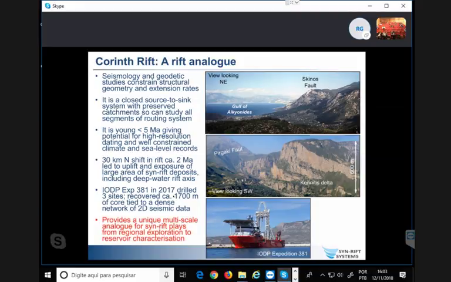So, as I mentioned, this provides quite a unique data set for looking at rift basins, both from a fundamental science point of view, looking at early rift evolution and the controls on basin fill, but also then using that data set to apply to exploration and reservoir characterization studies.